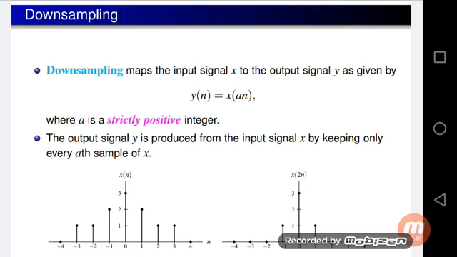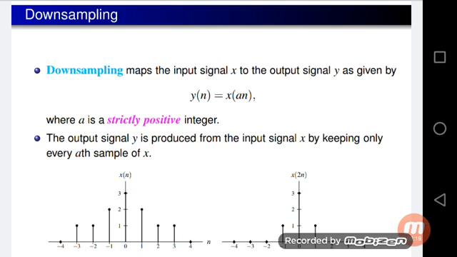So that means we are observing two diagrams, left and right side diagrams. The size of the wave is increasing sometimes, decreasing sometimes. So that means downsampling.